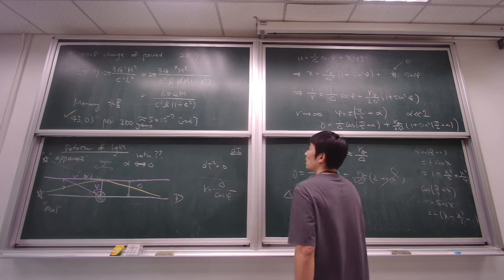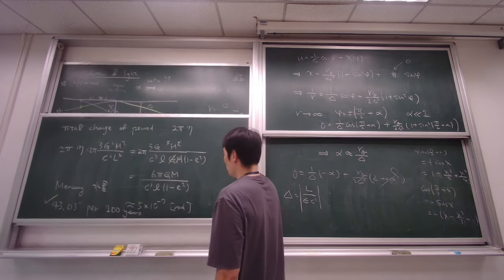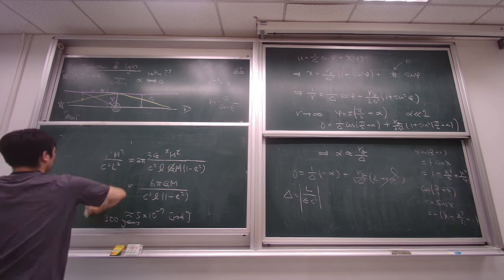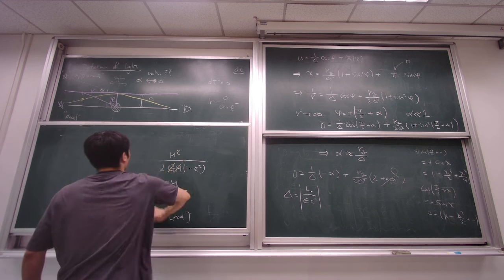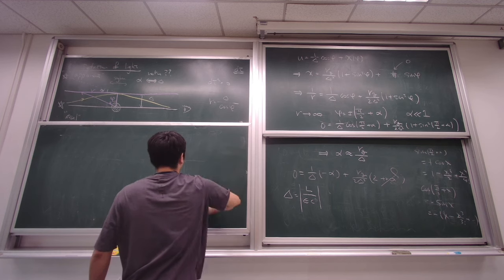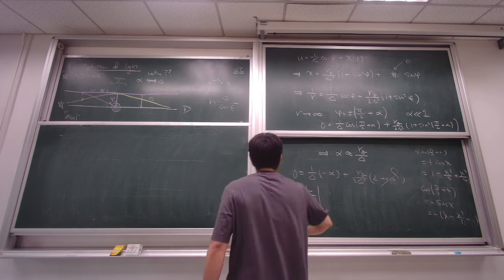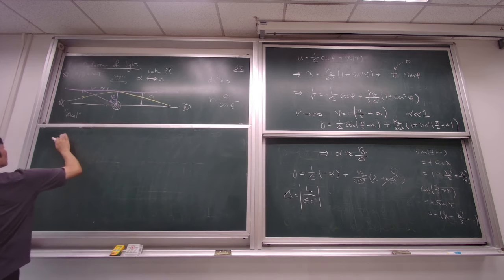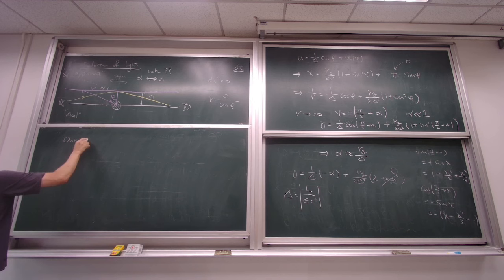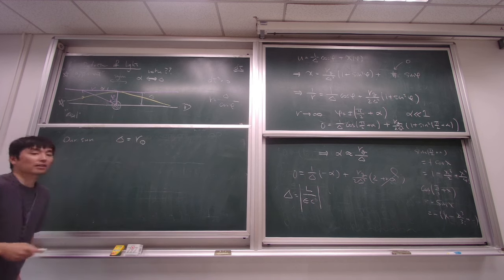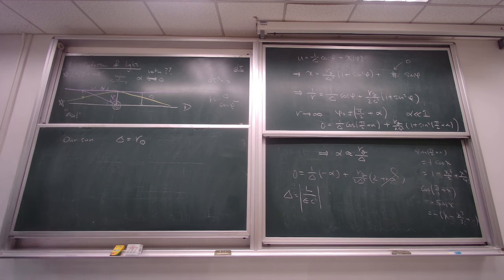So for instance, if you consider our sun, delta should be the radius of the sun, right? Delta should be the radius of the sun. That is the best we can do. So there's a sun, and then there's whatever.